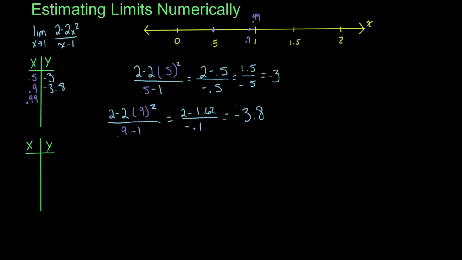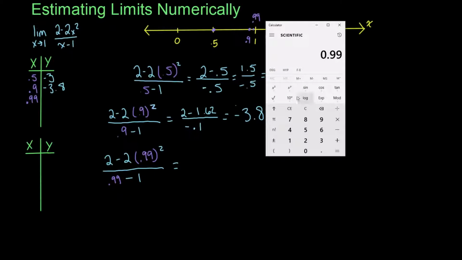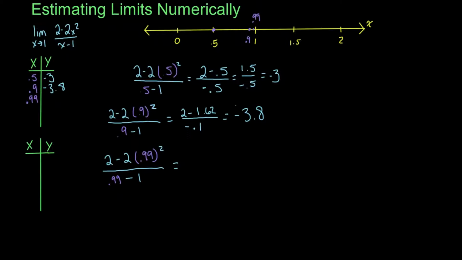And again, we just want to do the same steps we did before. We just want to plug this 0.99 in for our x in our function. We have 2 minus 2 times 0.99 squared, divided by 0.99 minus 1. Let's break out our calculator. We have 0.99 squared times 2, 1.9602.